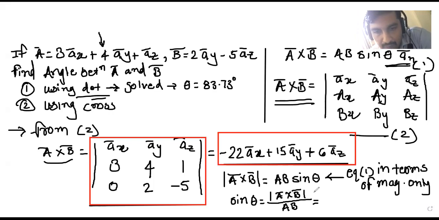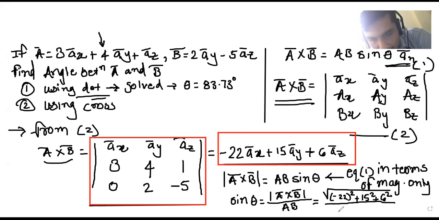Here, mod of a bar cross b bar means the magnitude of this one, under root minus 22 bracket square plus 15 square plus 6 square, divided by, yesterday we calculated this a.